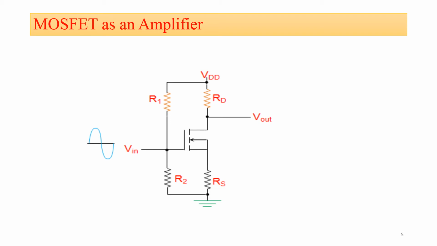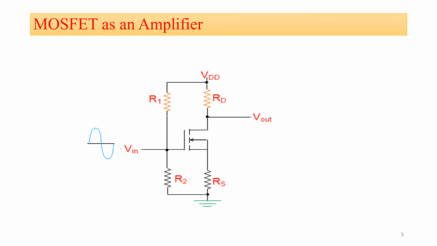Now in case of MOSFET as an amplifier, let's revise the drain characteristics of the MOSFET. When our VGS, that is the voltage between the gate and source, is less than VTH, the threshold voltage, then our MOSFET will work in the cutoff region. Why cutoff region? Because in this region the drain current is almost equal to 0.